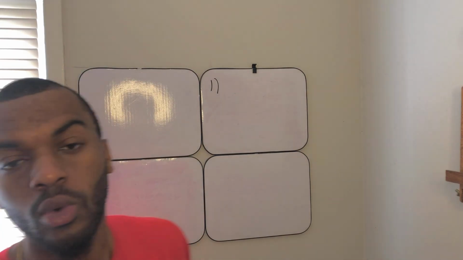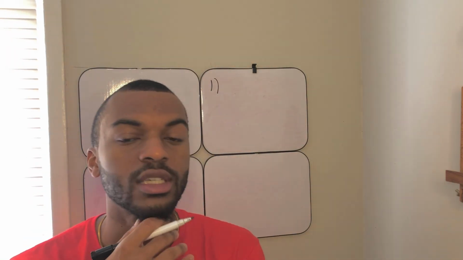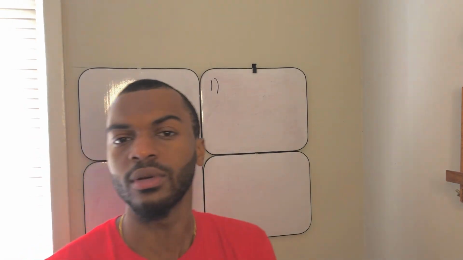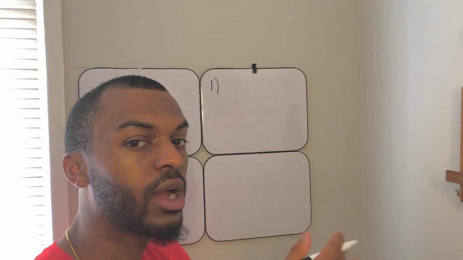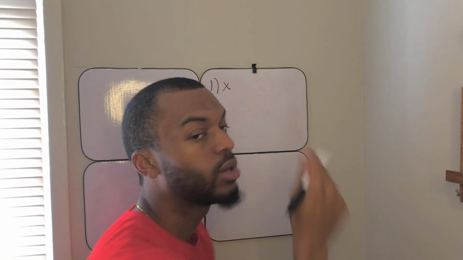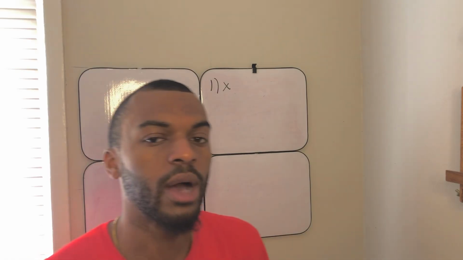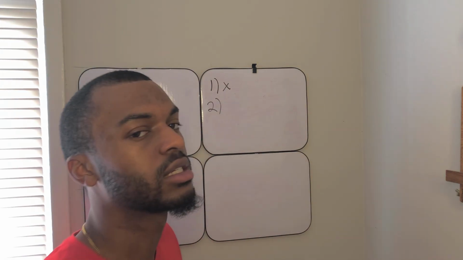I don't know. It's a number, but I don't know how much. So for that right now, I'm gonna put an X to stand for however many ounces of water we had yesterday.